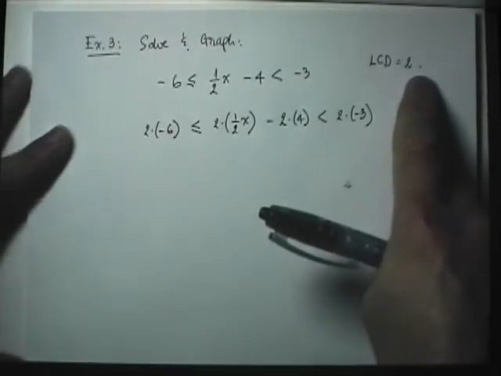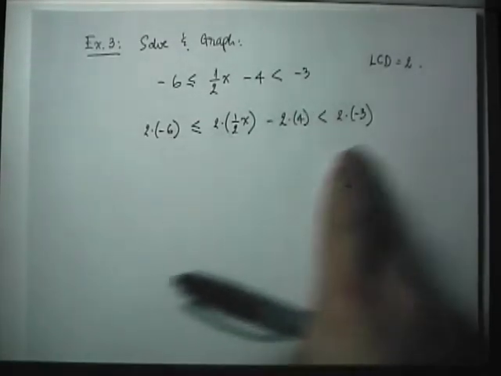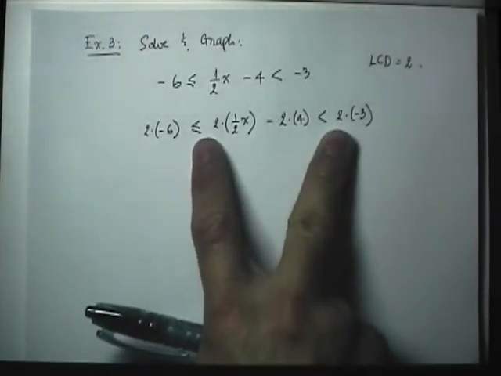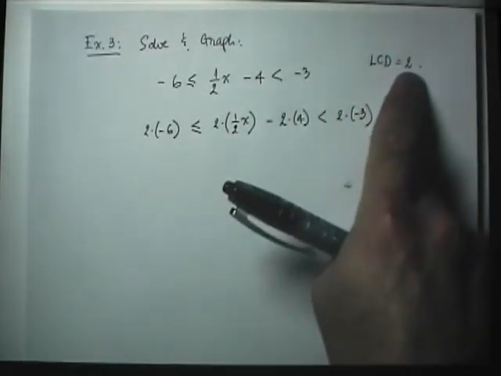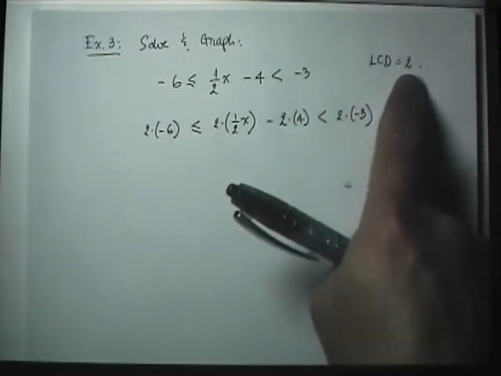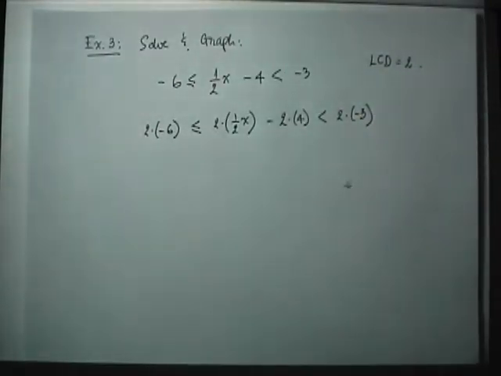Notice, as I multiply the 2 throughout all the terms, I don't need to change my inequality anywhere, because my multiplier is already a positive number. So I do not have to worry about switching my inequality.